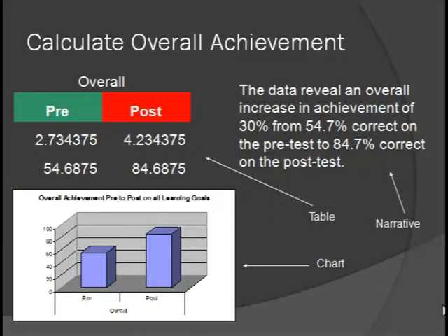The data reveal, that's not I think, it's the data reveal an overall increase in achievement of 30% from 54.7% correct on the pre-test to 84.7% correct on the post-test. That's all there is. It doesn't say this means, or I'm really happy with these results, or wow, I'm a great teacher. It's just the facts.